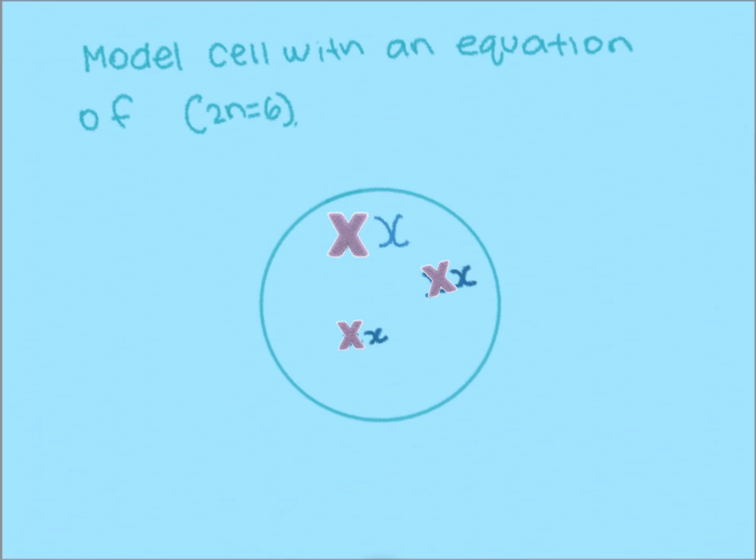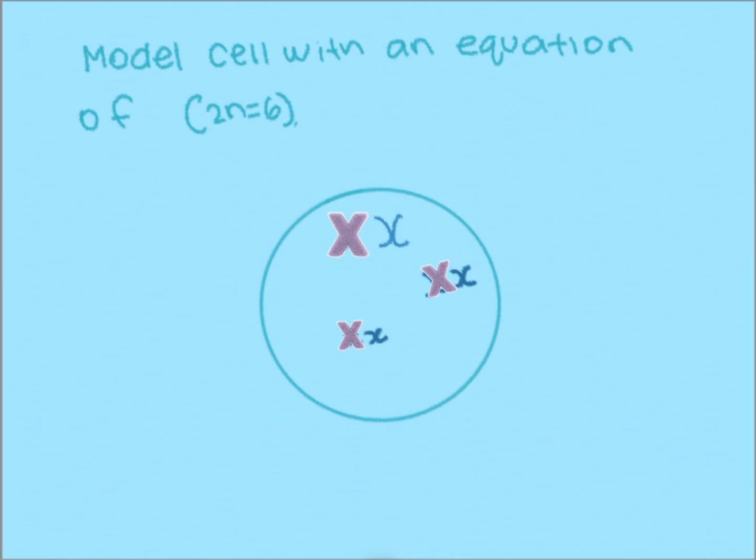First, let's look at the model's equation, which is 2n = 6. The 2 in the equation means the cell is a diploid, having 2 sets of chromosomes, while the n is the number of unique chromosomes in a single set. Altogether, the end of the equation, which is = 6, means our cell starts its journey with 6 total individual chromosomes, which travel in 3 matching homologous pairs.